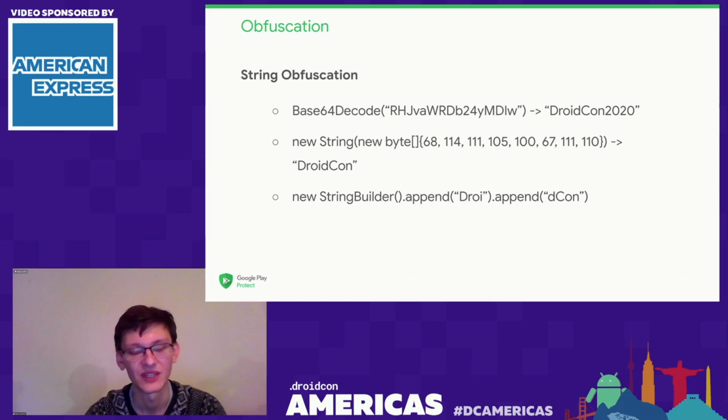Or I might do something like this, where I split up the string so that if I'm grepping over the code for the word droidCon, it wouldn't come up because here it's actually split into two separate strings in the code file.